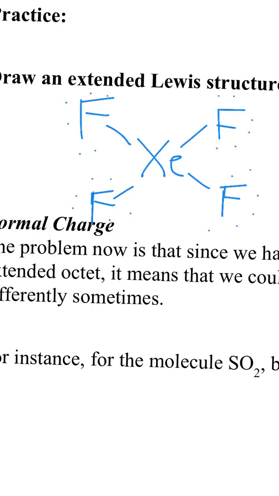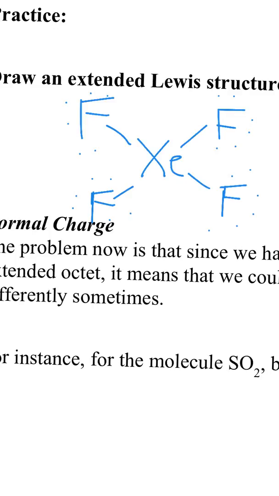So if I draw it out with just an octet around xenon, we see that XeF4 should have 32 valence electrons. But in reality, the real molecule XeF4, Xe has 8 valence electrons, each F has 7, so that's 28, so it should have 36. So we're left with 4 too few electrons.